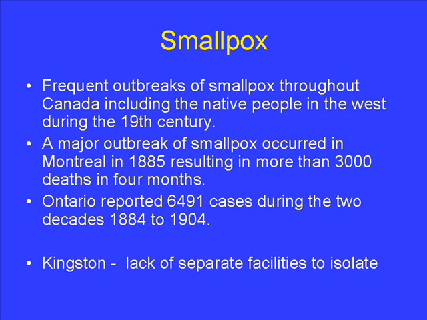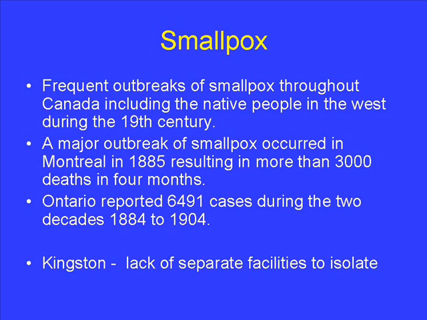And what happened in Montreal is that in a very short period of time, a period of 4 months, there was a massive outbreak of smallpox with 3,000 deaths. It's very interesting because the background of this outbreak was the fact that the Francophone community in Montreal were very resistant to vaccination.